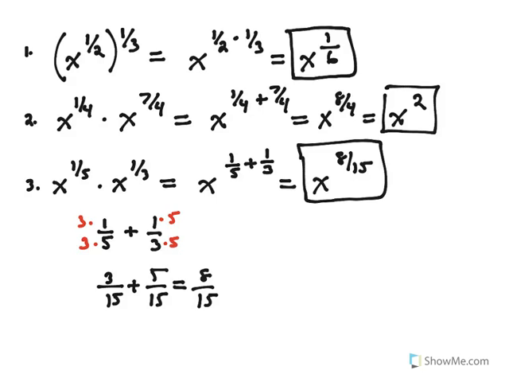All right, let's do a couple more. That was number 3, right? So number 4. So let's say you had x to the 1/4 power divided by x to the 3/4 power. When you're dividing the same base, you subtract the exponent.